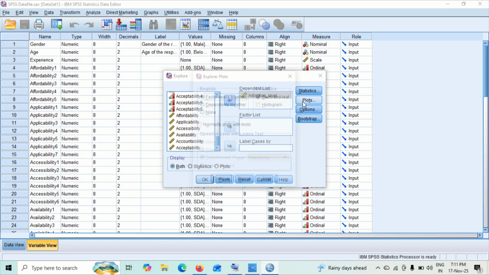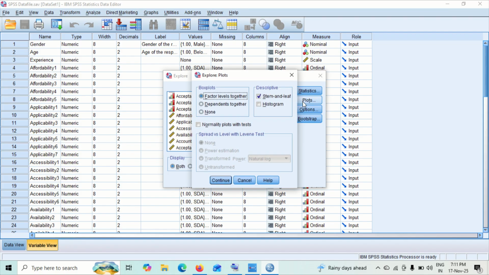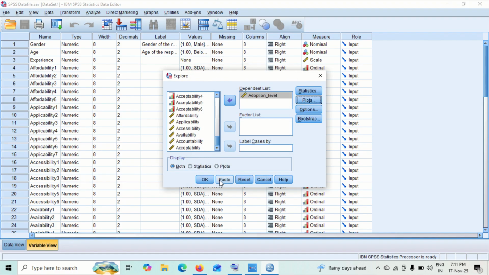Click on Plots. Here we can see histogram and normality plots with tests. Select these two check boxes. Then click on Continue, then OK.